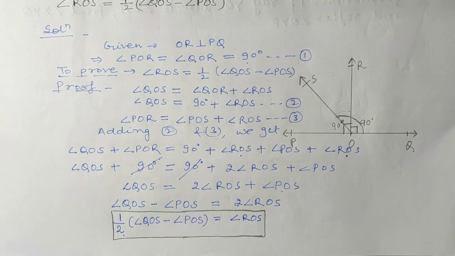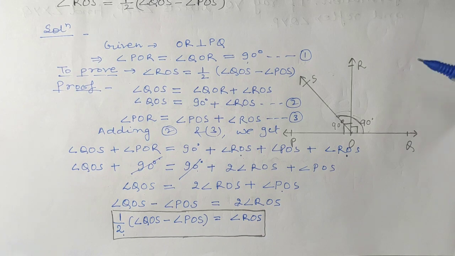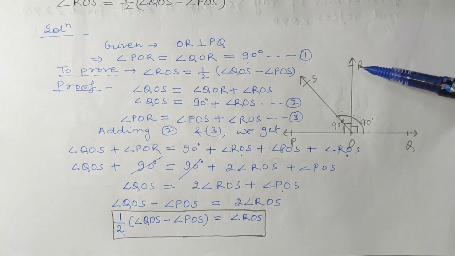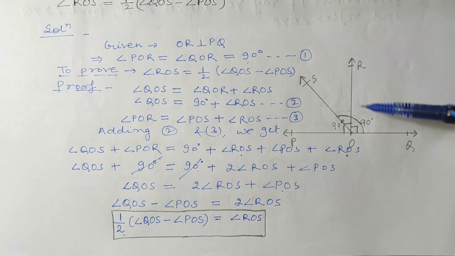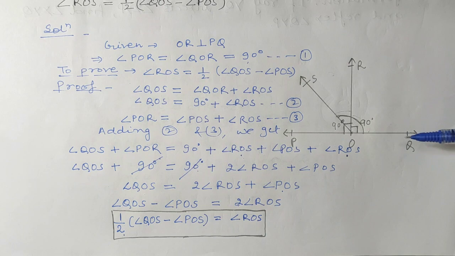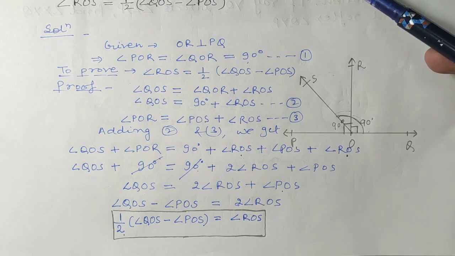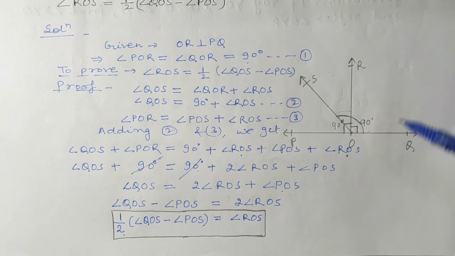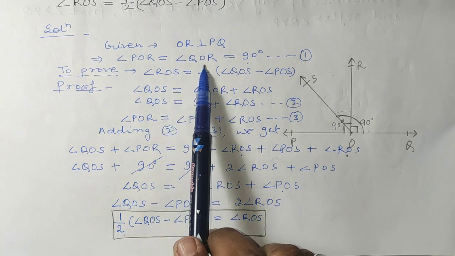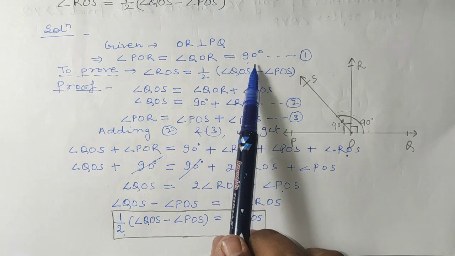Firstly, what we have done, firstly we have seen that angle ROQ, or you can say QOR, is 90 degree. Why? Because this OR is standing on PQ and it was given that it is perpendicular. So we have written angle POR is equal to angle QOR is 90 degree.